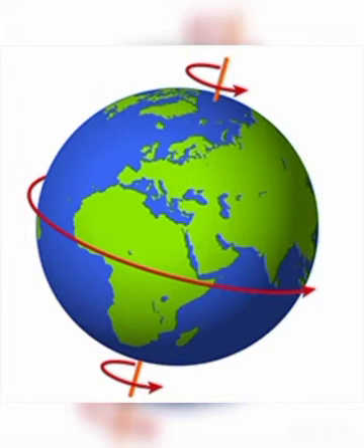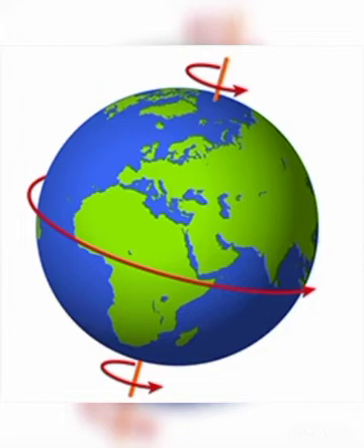So, earth moves in two different ways. That is very, very important. Did you clear it? Now listen here. It spins around itself about its axis. What is axis? Axis is an imaginary line.